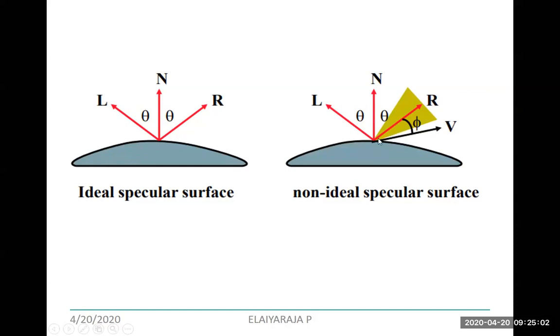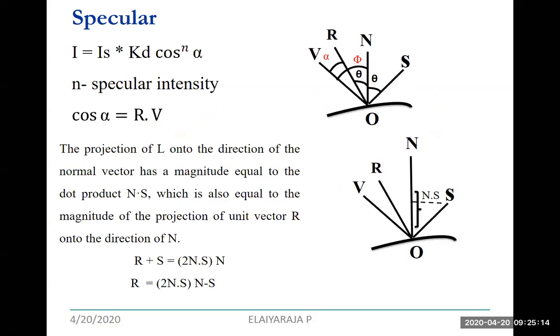In a non-ideal specular surface, from the viewer point you are going to check the reflection, which mentions the value as alpha. So specular, how you are going to calculate the intensity.